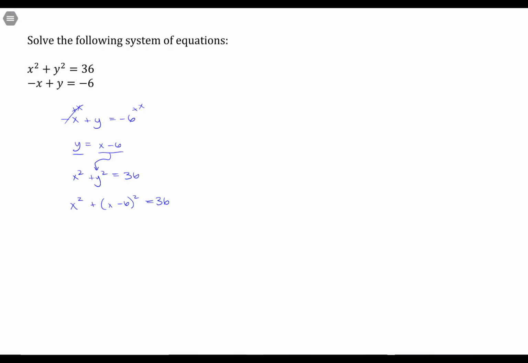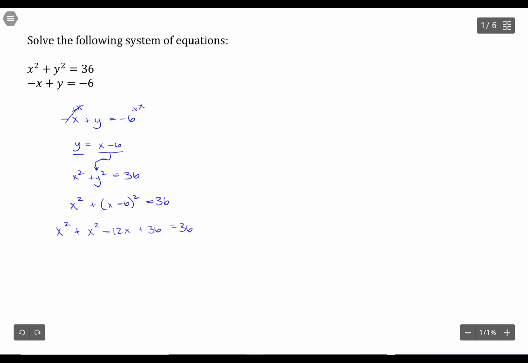So to solve this, the (x minus 6) squared is a quantity, so we'll multiply that binomial out. That will be x squared minus 12x plus 36.